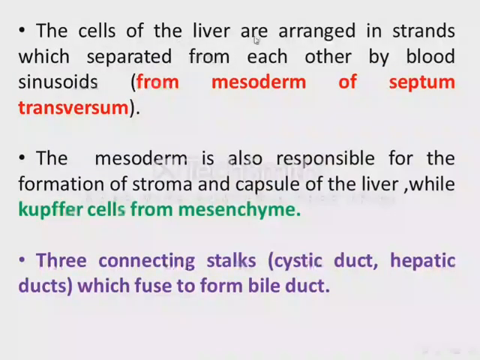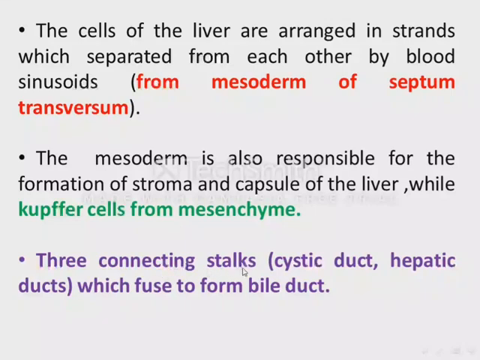The cells of the liver are arranged in strands, which are separated from each other by blood sinusoids, which are derived from the mesoderm of the septum transversum. The mesoderm is also responsible for the formation of the stroma and capsule of the liver, while the Kupffer cells are derived from the mesenchyme.